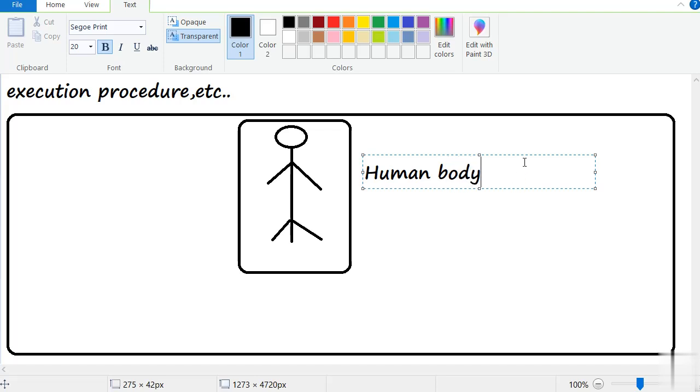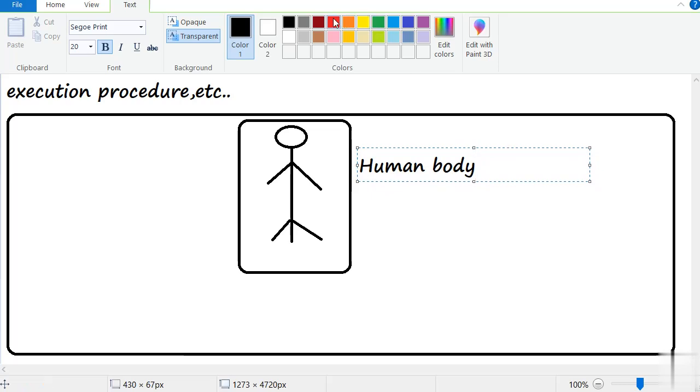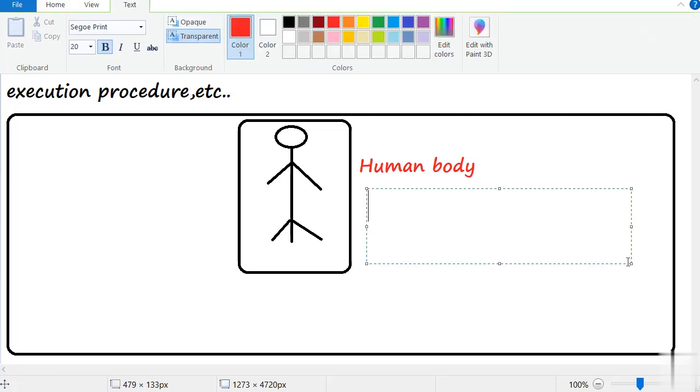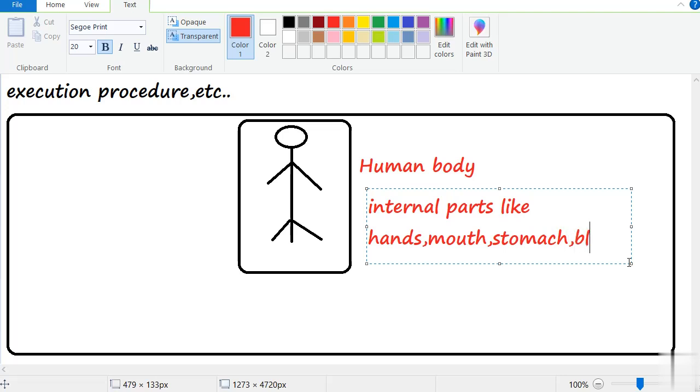The human body consists of some internal parts like hands, mouth, stomach, blood, etc. We have some internal parts in our human body.